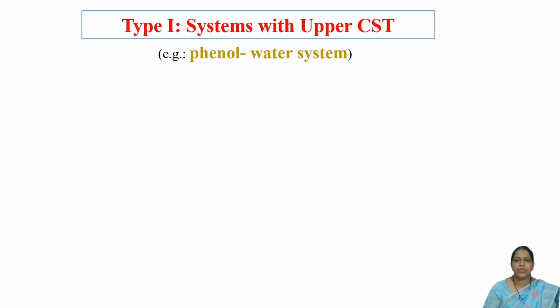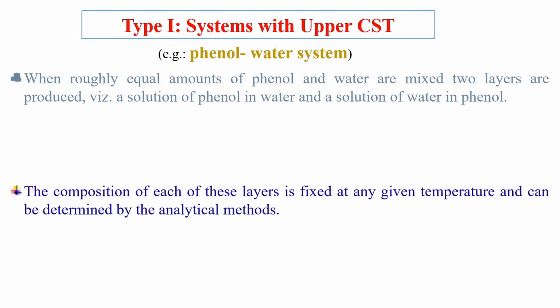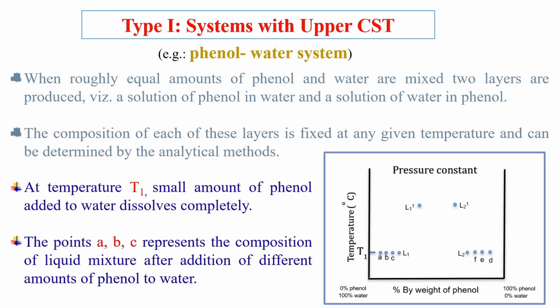Coming to the systems with upper critical solution temperature, the example is phenol water system. When roughly equal amounts of phenol and water are mixed, two layers are produced, viz. a solution of phenol in water and a solution of water in phenol. The composition of each of these layers is fixed at any given temperature and can be determined by analytical methods.